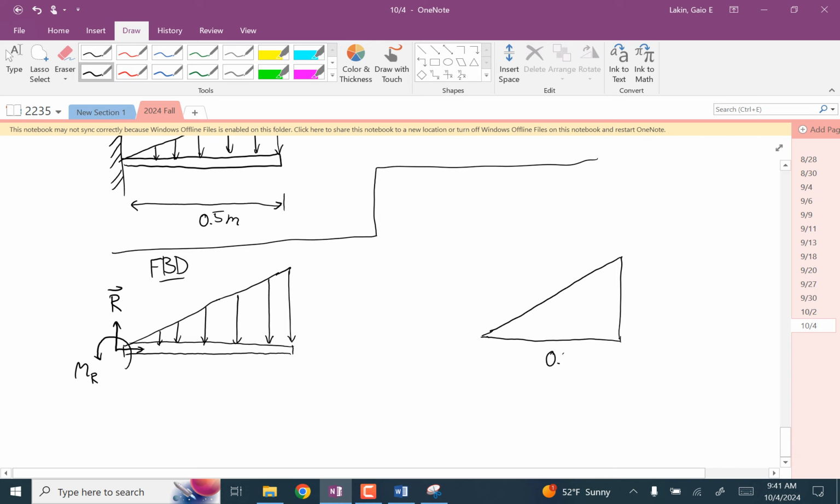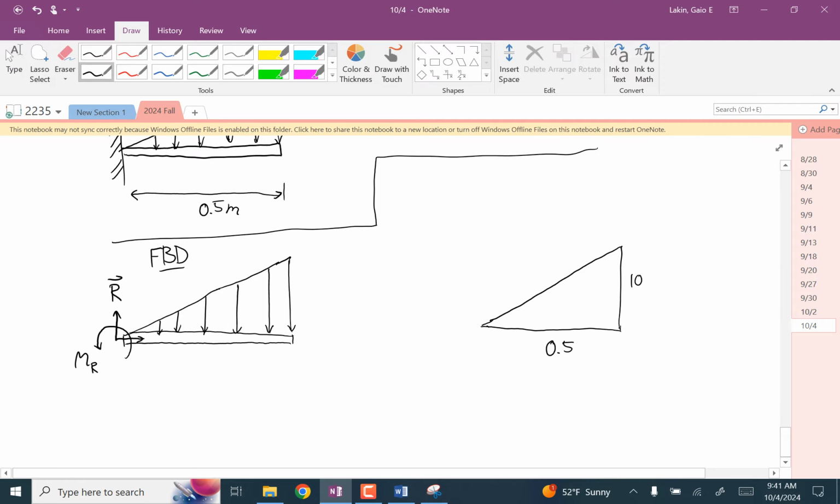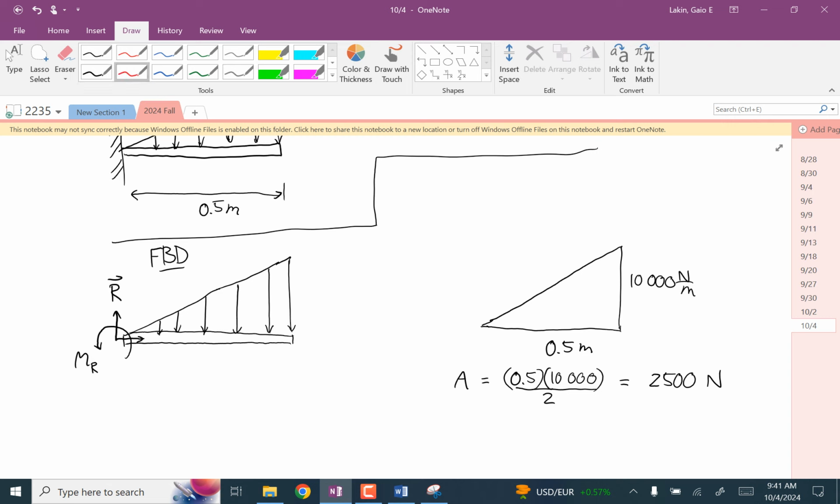It has a base of 0.5 and a height of 10,000. And so the area of that triangle is 0.5 times 10,000 divided by 2. That's just the area of a triangle. So that's 2,500 newtons. And then what about the centroid of this shape?